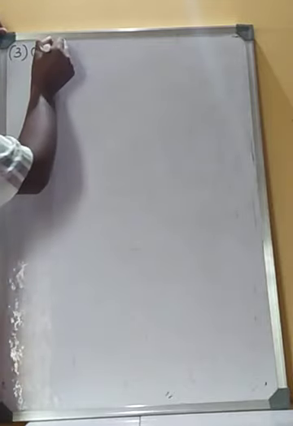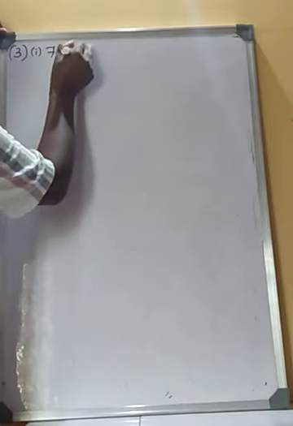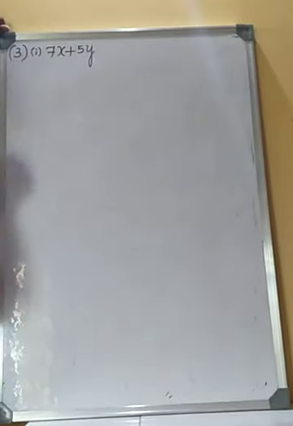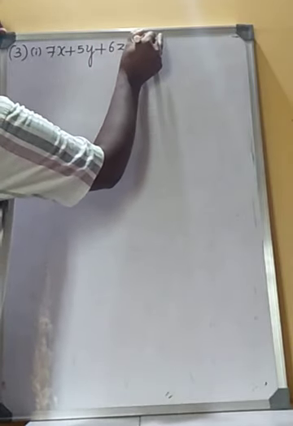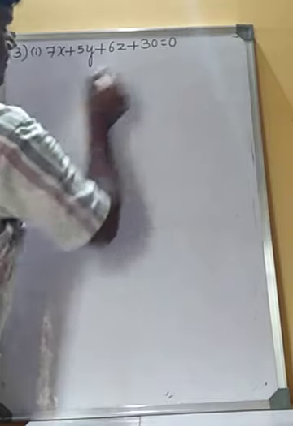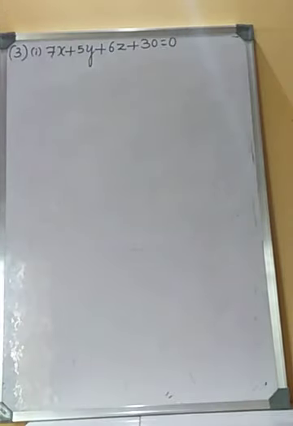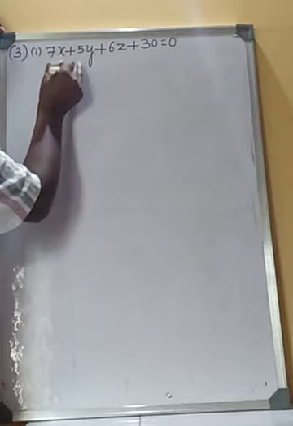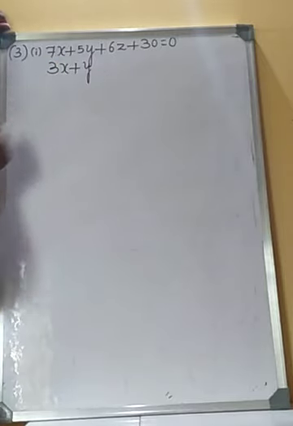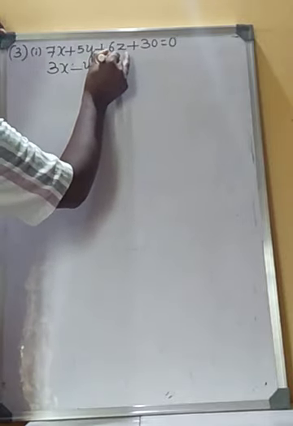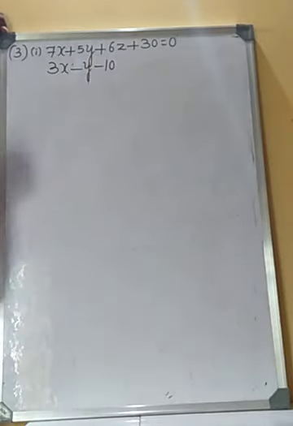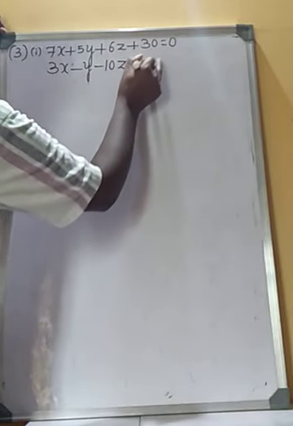That is, first one, 7x plus 5y plus 6z plus 30 equal to 0, and 3x minus y minus 10z plus 4 equal to 0.